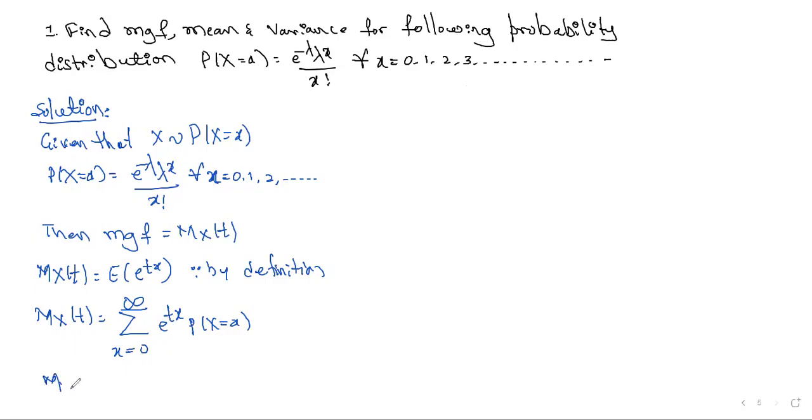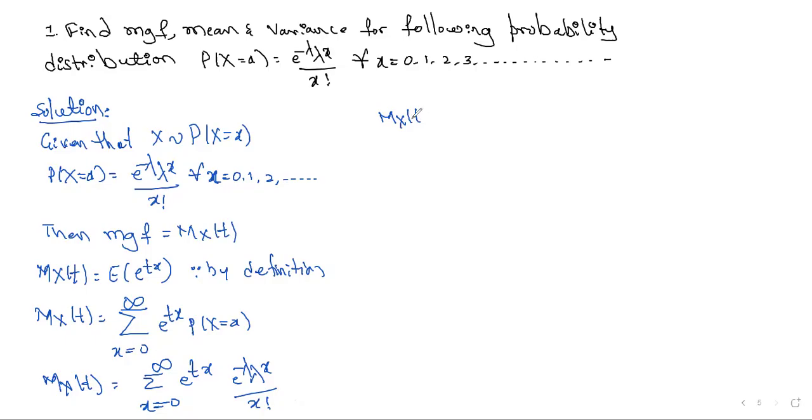So what is p of x? We have e power minus lambda, lambda power x divided by x factorial.